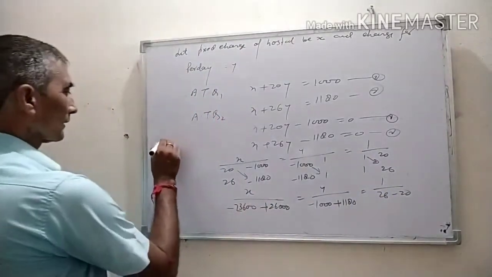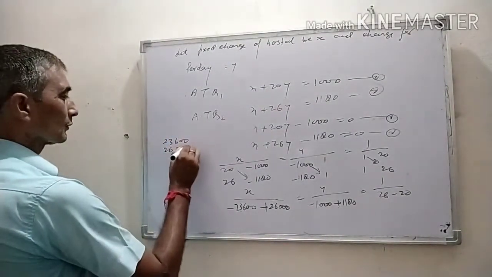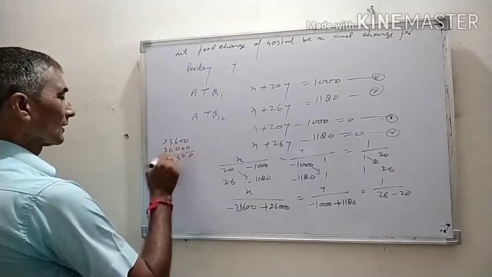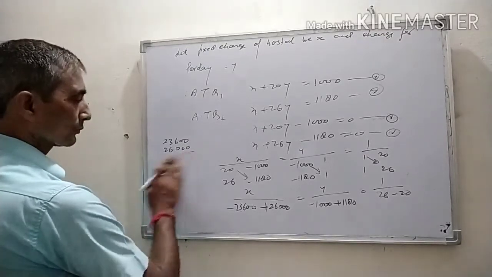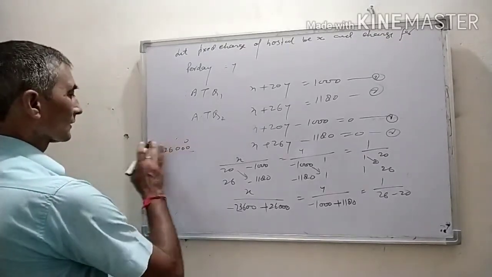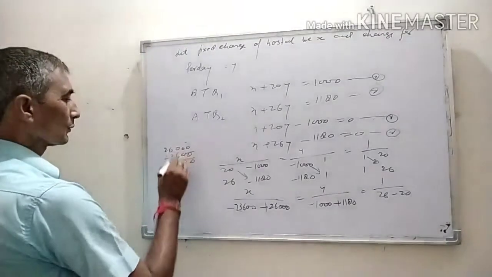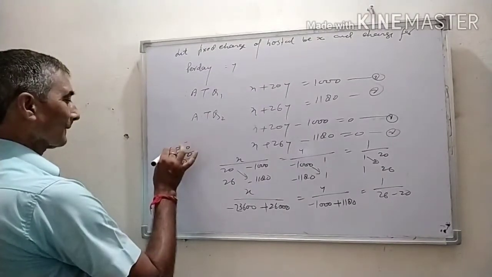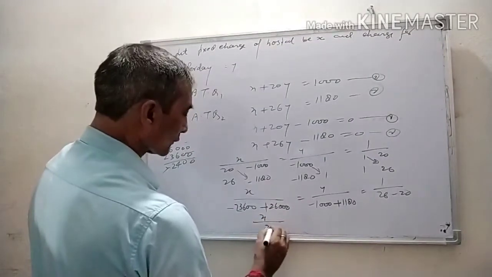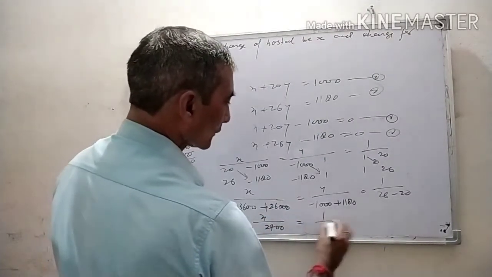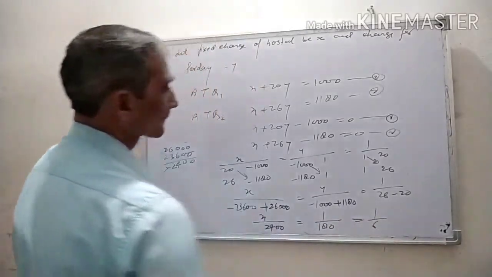Now x upon 23,600 and 26,000, after cancelling out, x upon 2400 equal to y upon 180 equal to 1 upon 6.